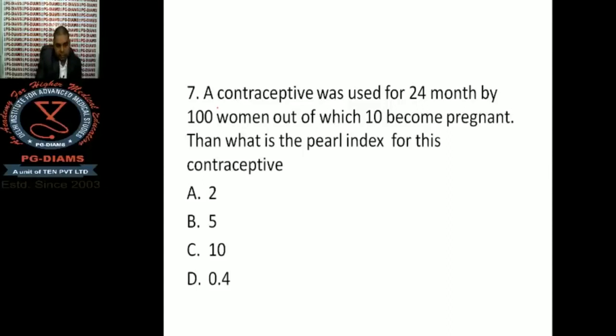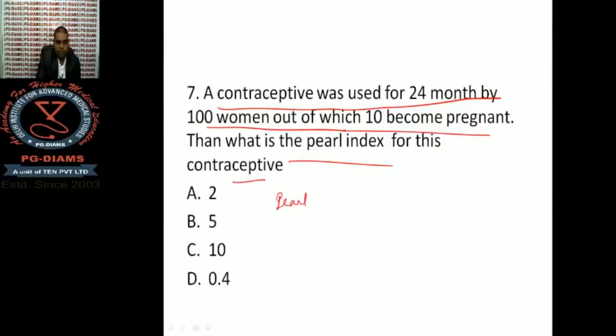A contraceptive was used for 24 months by 100 women, out of which 10 became pregnant. Then what is the Pearl index for this contraceptive? What do you mean by Pearl index? Pearl index is a measure of the failure rate of any contraception. And the formula to measure Pearl index is very simple.